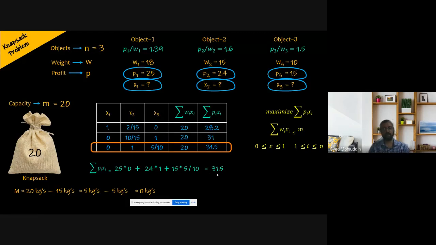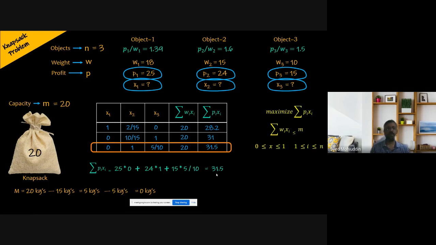You can see that 31.5 is the maximum profit that can be earned by filling the knapsack with fraction 1 of object 2, fraction 5 by 10 of object 3, and nothing of object 1.